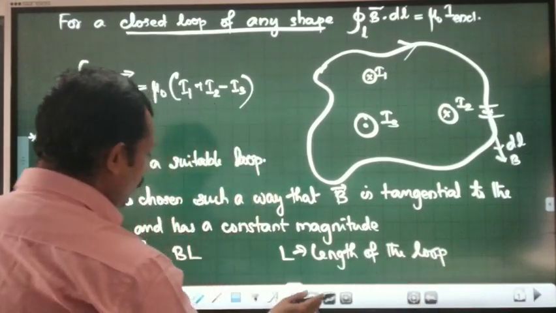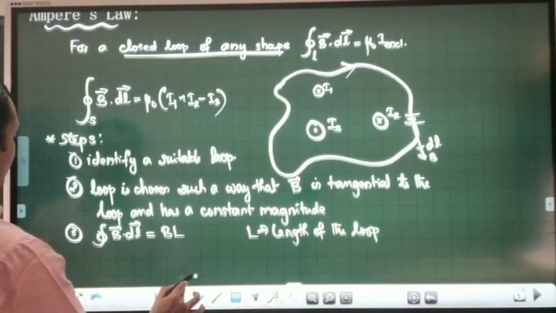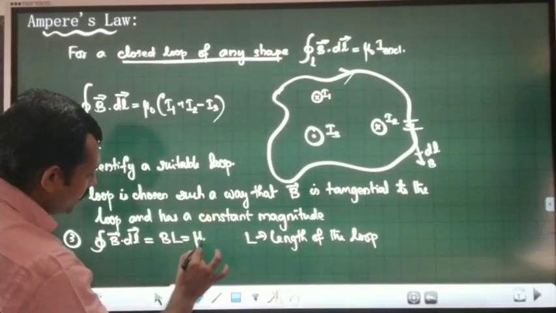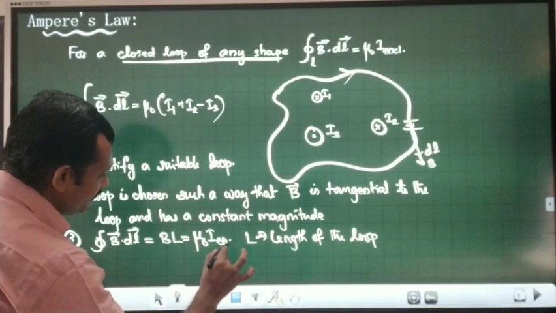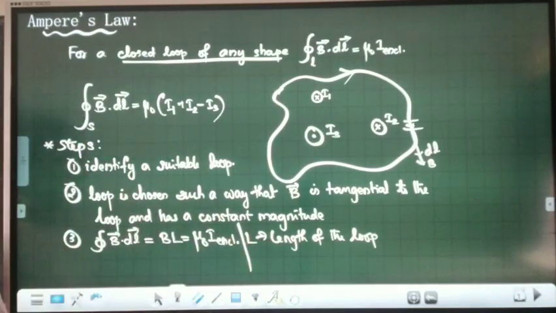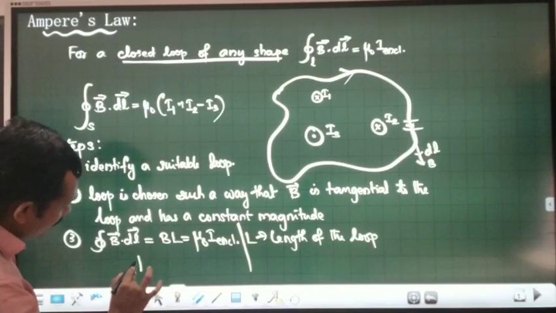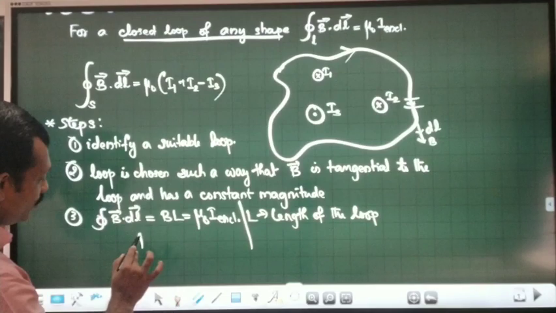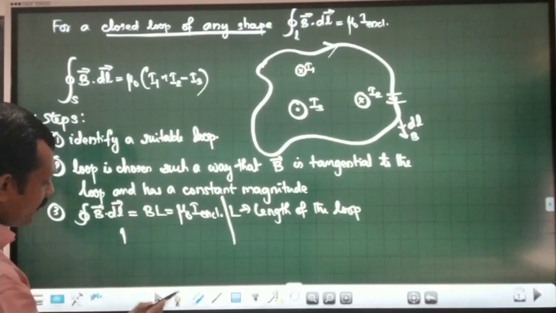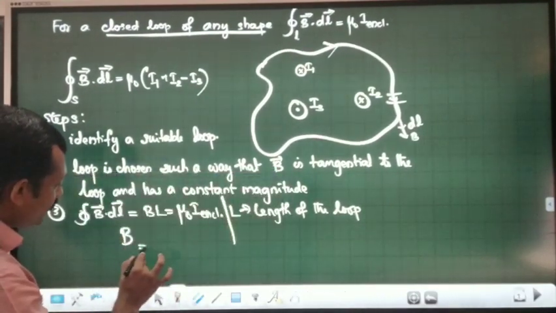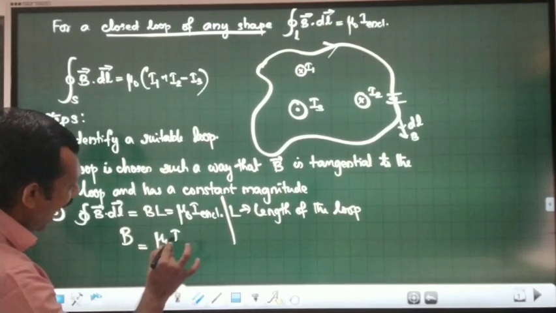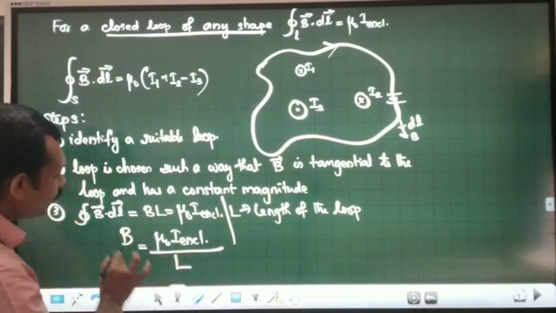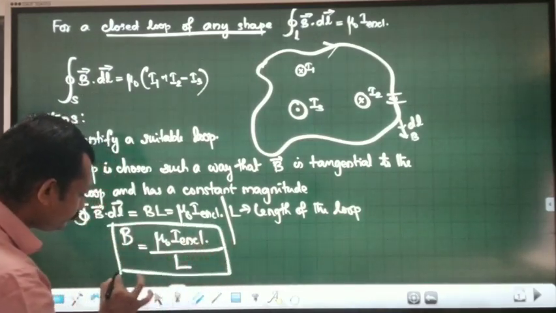That is equal to mu 0 times I enclosed. So the magnetic field B is equal to mu 0 I enclosed divided by the length of the Amperian loop.